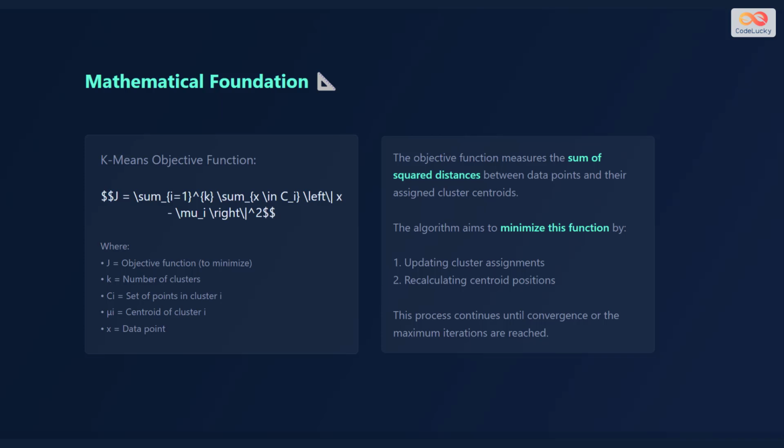In this formula, J represents the objective function we want to minimize, k is the number of clusters, C subscript i is the set of points in cluster i, mu subscript i is the centroid of cluster i, and x is a data point. The algorithm minimizes this function by updating cluster assignments and recalculating centroid positions until convergence or the maximum number of iterations is reached.